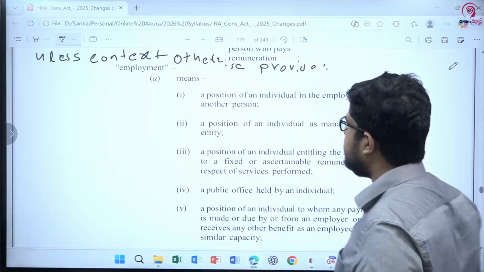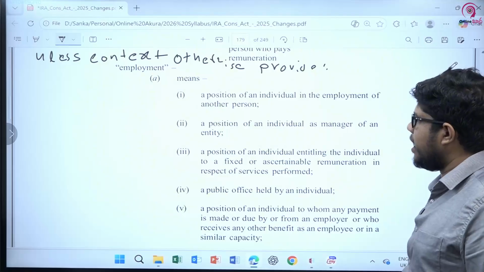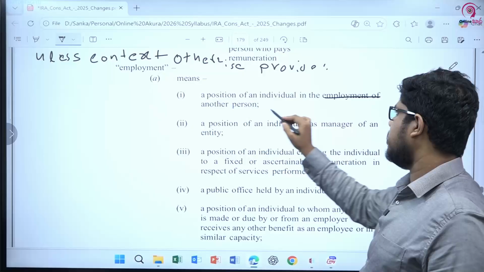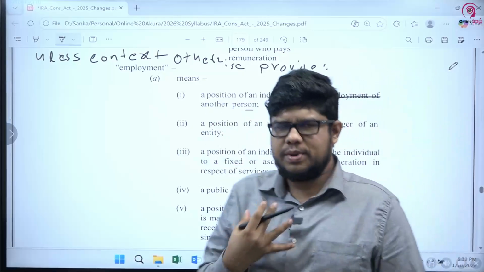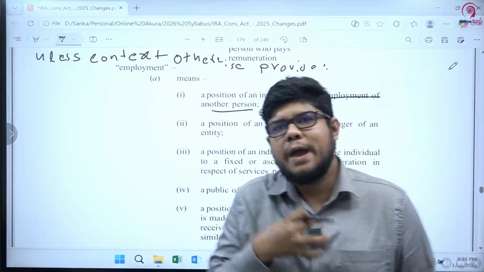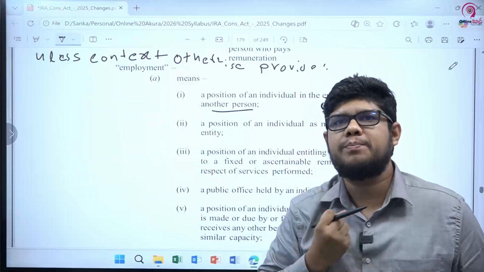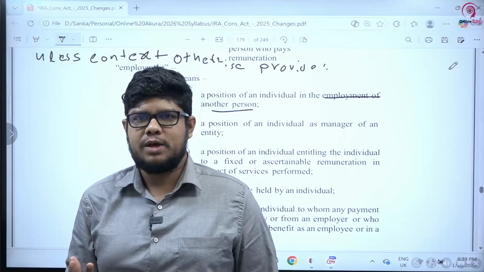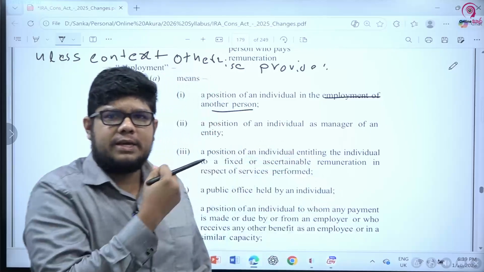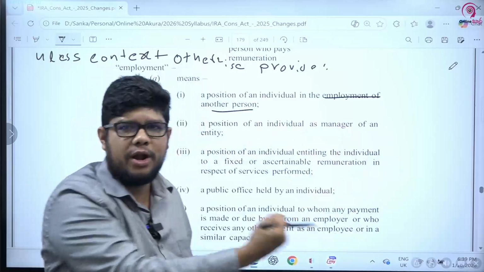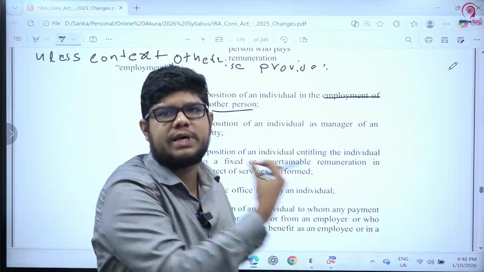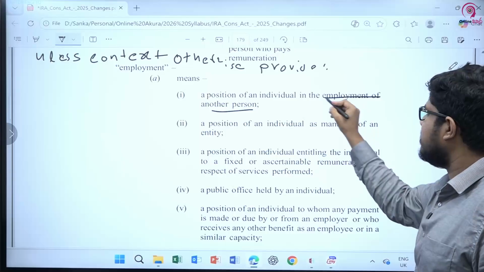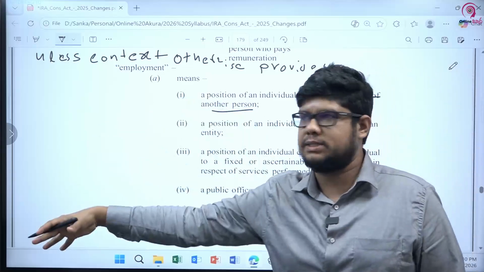Employment means a position of an individual in the employment of another person, right? So what is the meaning of employment? You are employing someone, you are employing some place, you are employing something, right? So it's a kind of occupying. You are taking control of some person. So a position of an individual in the employment of another person.